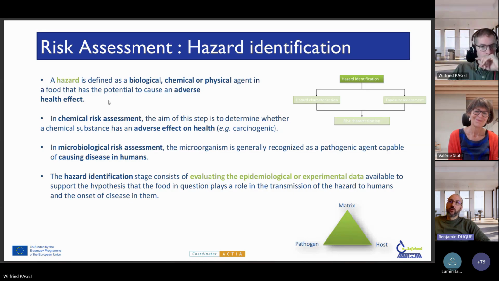And in microbiological risk assessments, the microorganism is generally recognized as a pathogenic agent capable of causing disease in humans. And the hazard identification stage consists of evaluating the epidemiological or experimental data available to support the hypothesis that the food in question plays a role in the transmission of the hazard to humans and also the onset of disease in them.